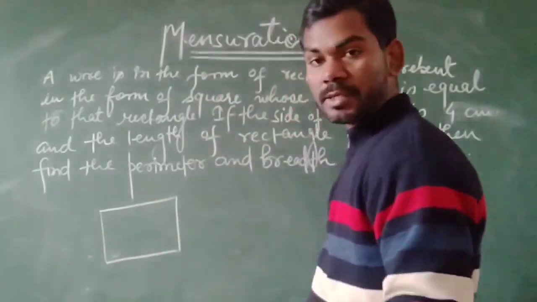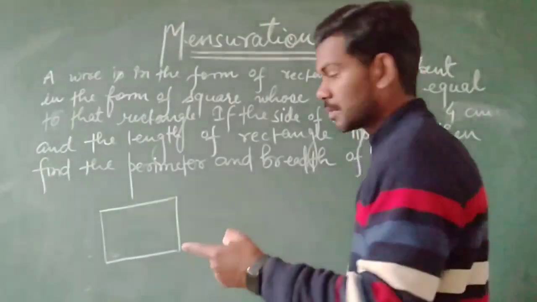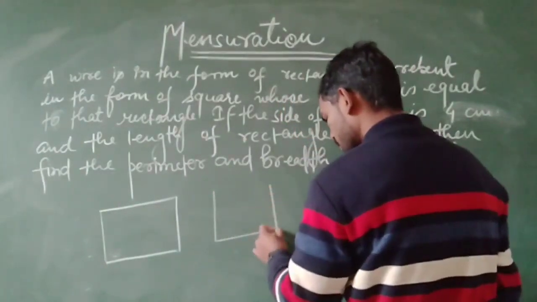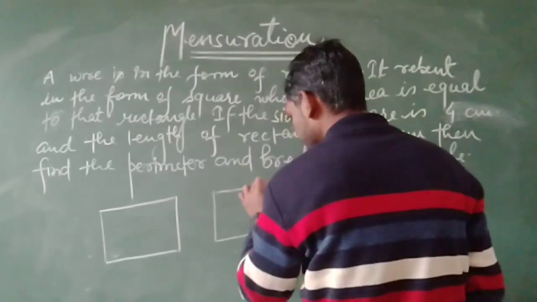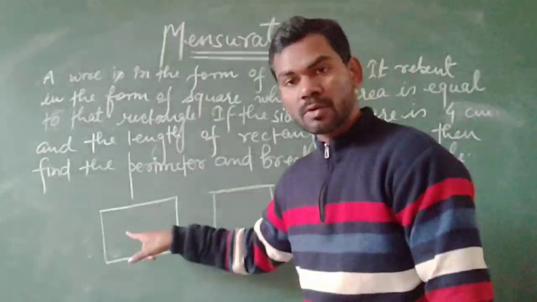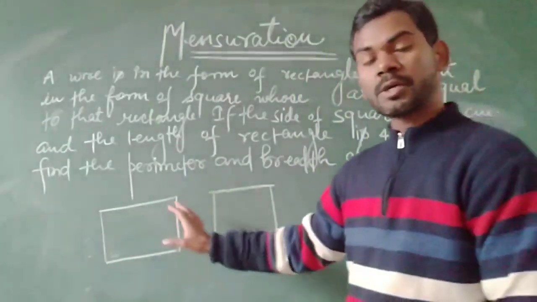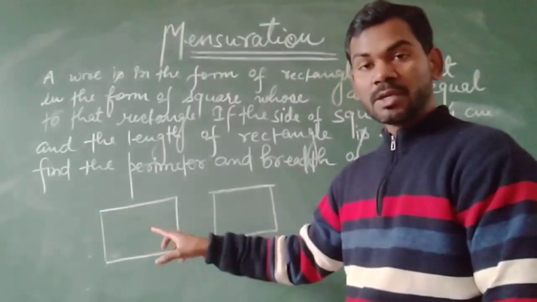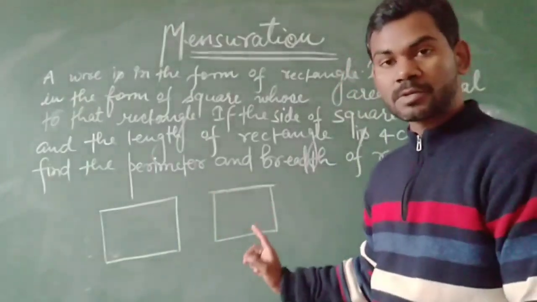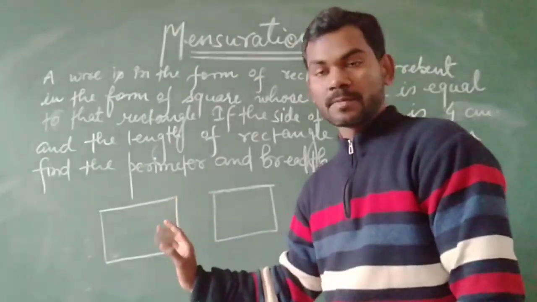This wire is rebent into a new shape, a square, whose area is equal to the area of that rectangle. That means the area of the rectangle when the wire was in that form and the area of the square when it is reshaped are both the same.